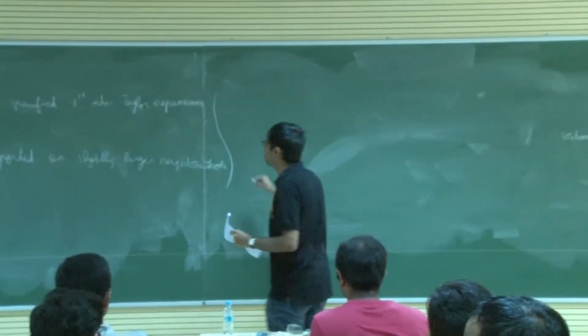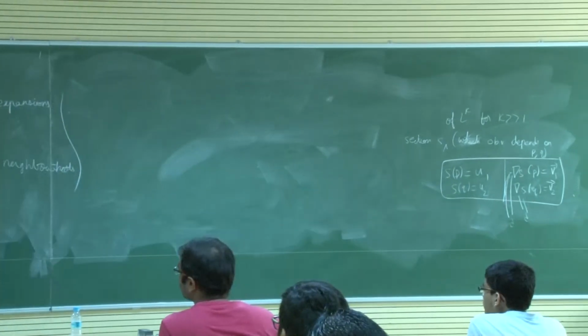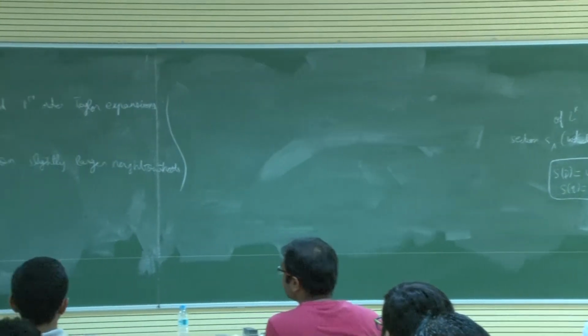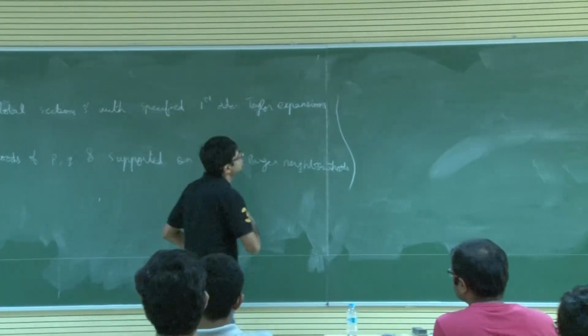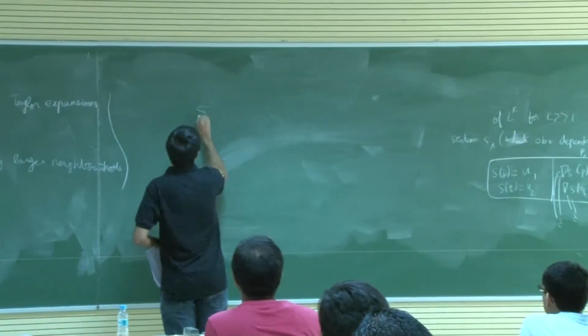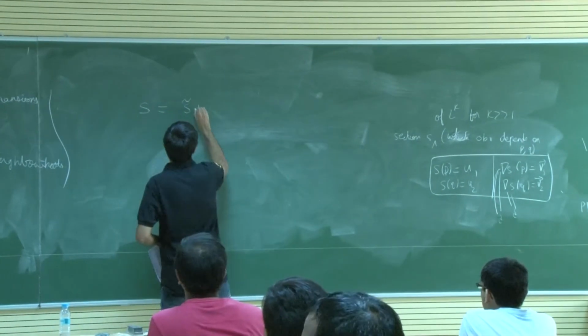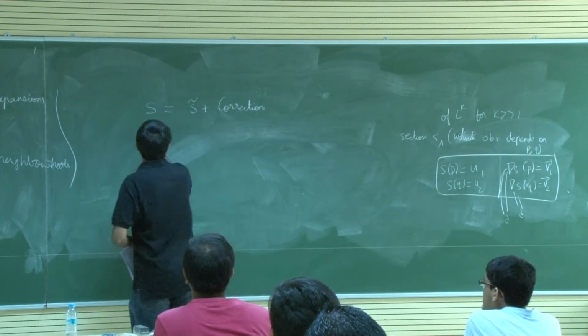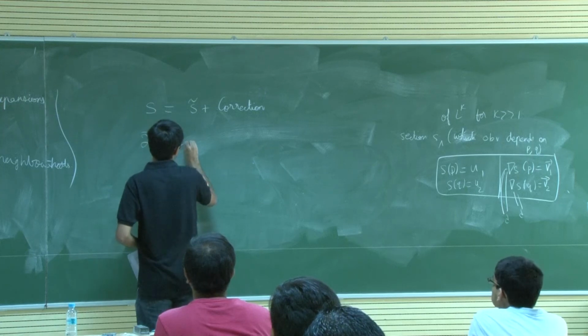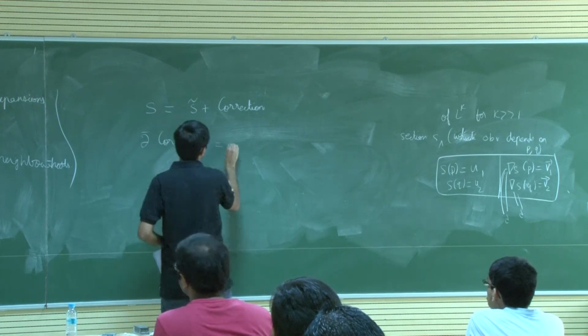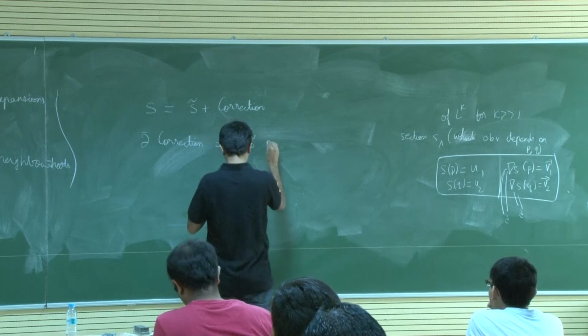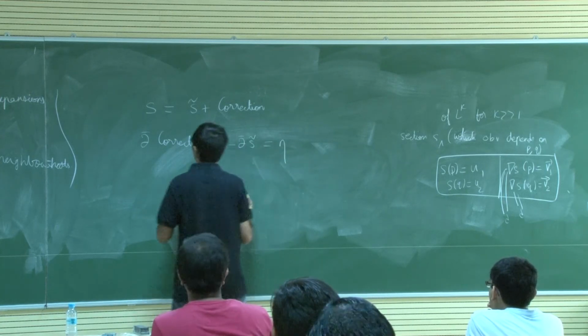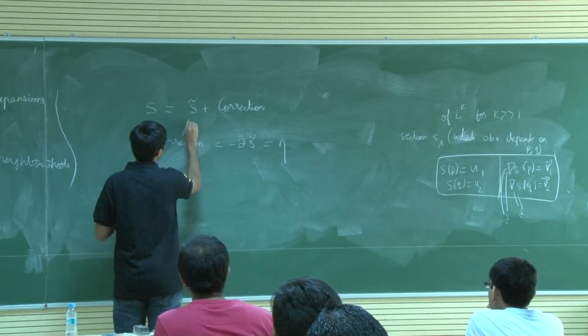So what we want to do, our strategy is, let's call this section S tilde. Suppose we are given that our section S is S tilde plus a correction. Del bar of the correction is equal to minus del bar of S tilde, which we will call eta. Okay? We'll call the correction term T from now on.